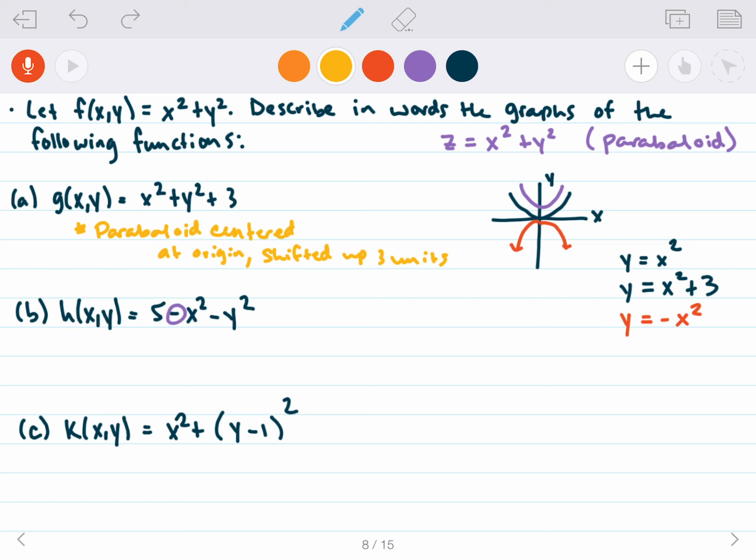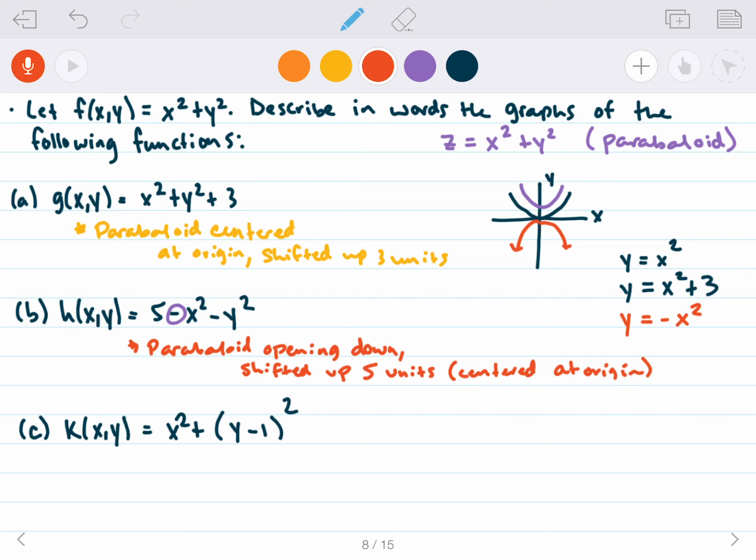It's going to shift it up 5 units. So this is a paraboloid opening down, shifted up 5 units. Still centered at the origin. And you should confirm all of these on GeoGebra.